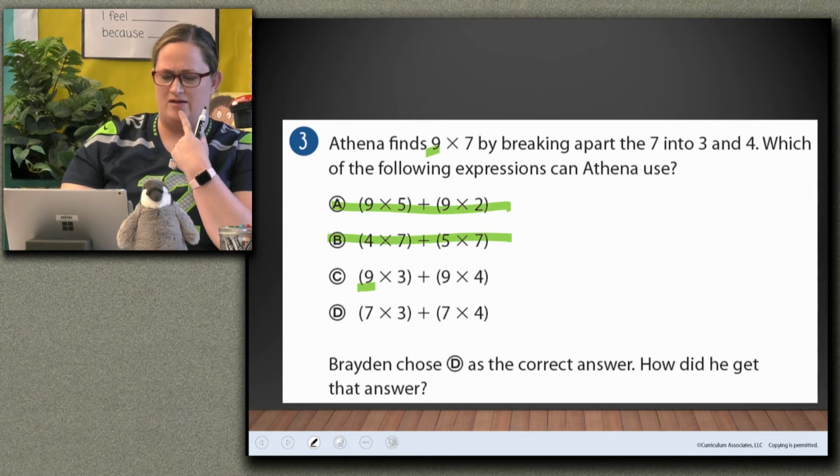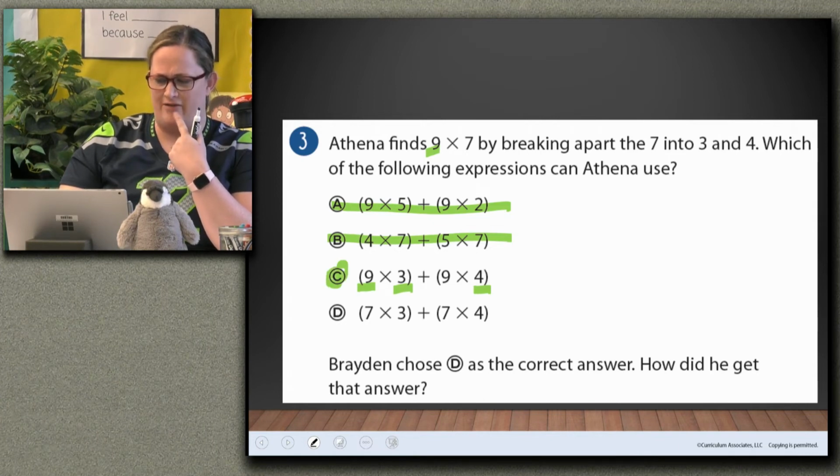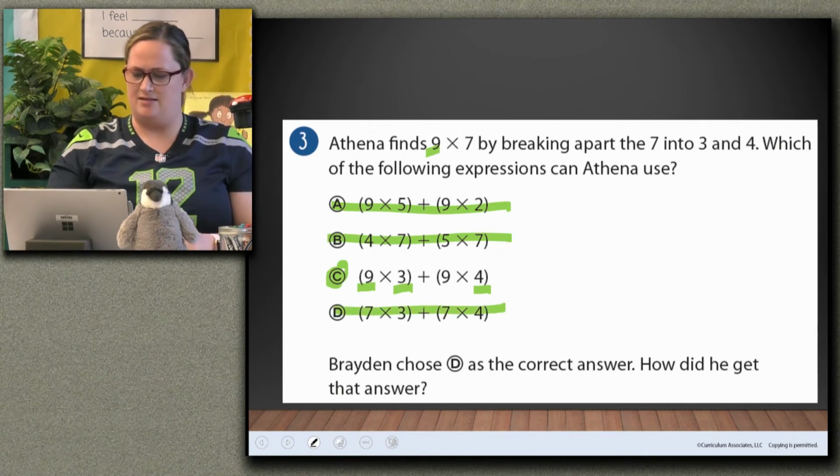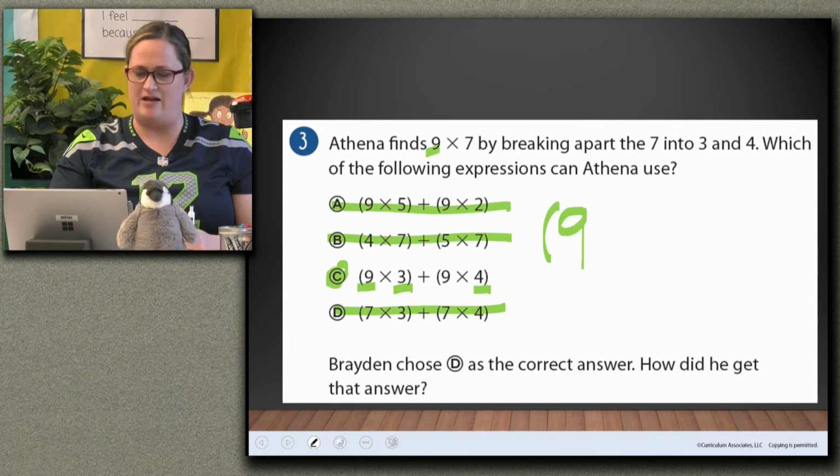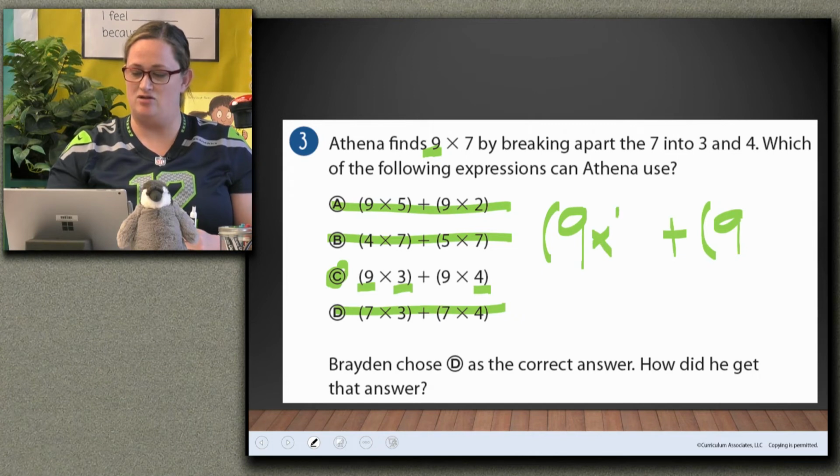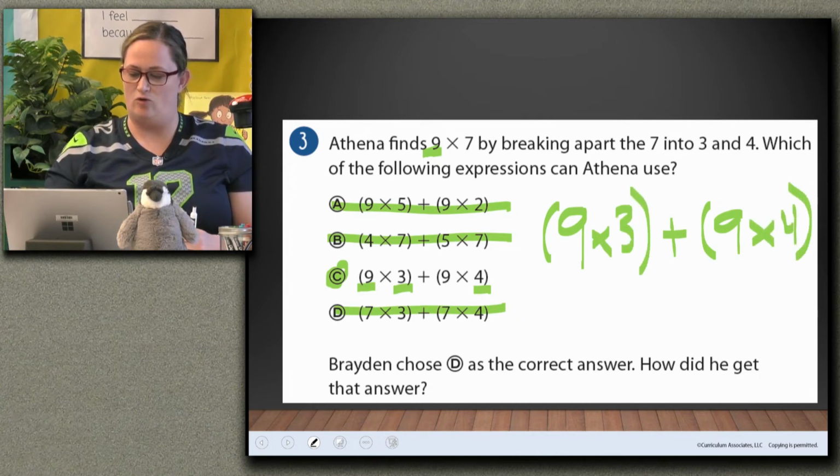And then the 7, 3, and oh! Did she do it? She did it. Does D show 7 broken into 3 and 4? Nope. So it's this one. It's the 9. Remember, that factor is going to stay the same for both of these. Times, and then we break the 7 into 3, and the other part is 4 because we broke 7 into 3 and 4, right?